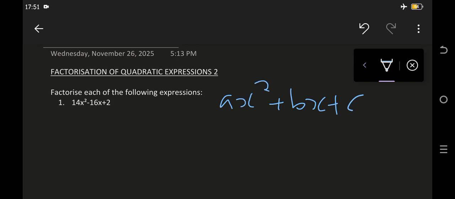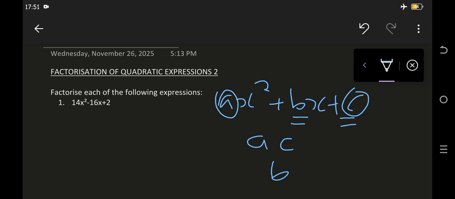In the first part of factorizing quadratic expressions, we were looking for two numbers such that when you add them, you get b, and when you multiply them, you get c. But in this part, we want to look for two numbers such that if you multiply them, you're going to get ac, this a and this c, and if you add them, you're going to get b.